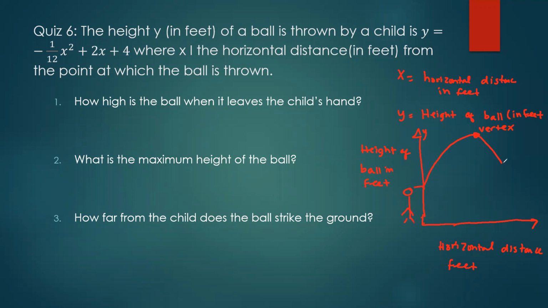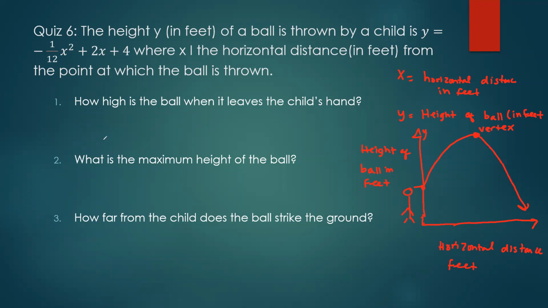So is this going to be related to the vertex, the x-intercept, or the y-intercept? They're asking how high the ball is when it leaves the child. I think it's related to the y-intercept. They're literally asking you, what is the y-intercept? How do you find it?